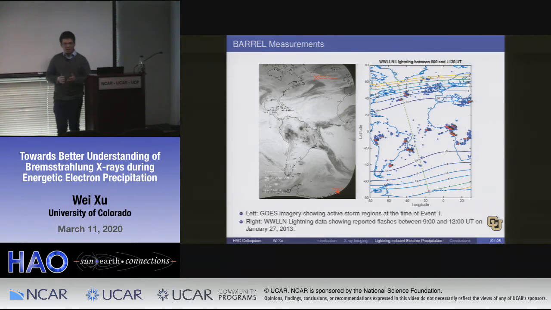It's very possible that there are many free parameters here. It's very possible one of the free parameters is not very well tuned, and because of that, our simulation results may overestimate the peak current that is required to explain BARREL measurements.